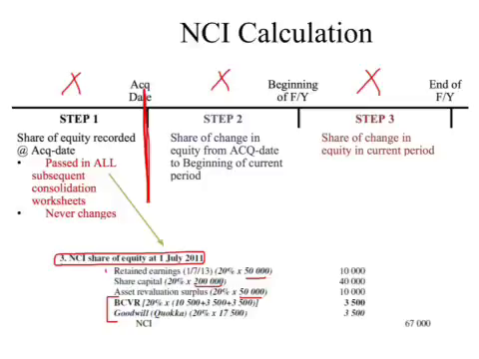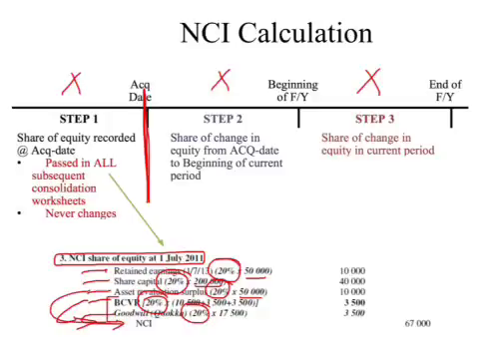Okay, so we draw this entry up once, taking the NCI share of the subsidiary's equity on acquisition date, and then we don't eliminate it, we extract it from these line items in the consolidated financial statements and disclose it as one item NCI. So that is the first part of our NCI calculation.